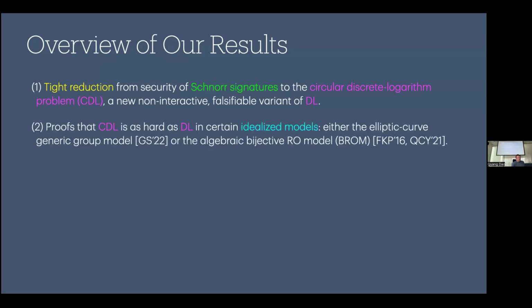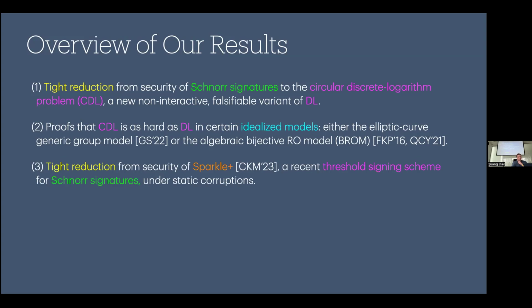We show that the circular discrete logarithm problem is as hard as discrete log in certain idealized models, like some variant of the generic group model and so forth.